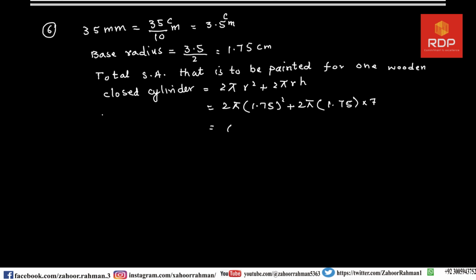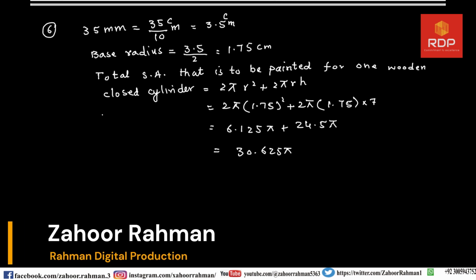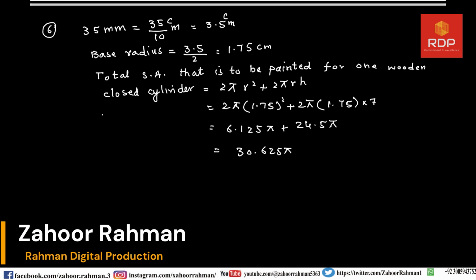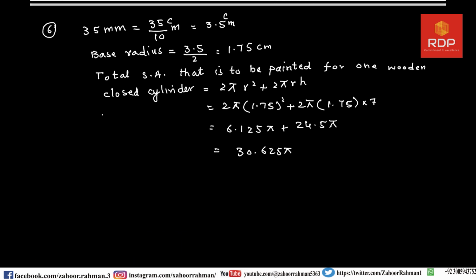So that will become 6.125 pi plus 24.5 pi, and when we calculate it we will get 30.625 pi. You can confirm that. I already calculated in advance for you people, so I am writing the value. Okay, that is for one wooden closed cylinder.